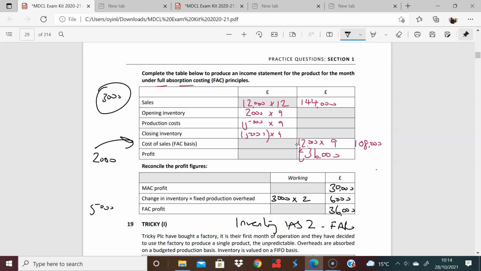Thus, if it's absorbed and it's in closing inventory, it does not get charged in that year. It shifts into the next year, thus relieving you. It's almost like a bit of profit relief, so to speak, relieving you of charges in that year. But it will feature in the following year as a cost. And that's how we deal with that. Super. Great stuff.